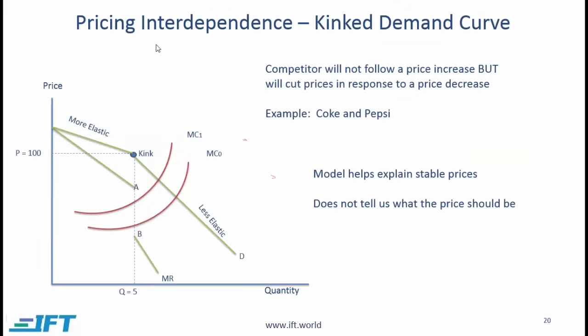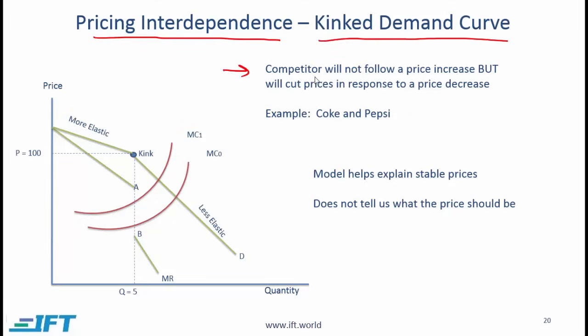Let us consider the first strategy, which is pricing interdependence. This obviously implies that the pricing of the players in the oligopoly market will be interdependent, and this leads to what's called a kinked demand curve.